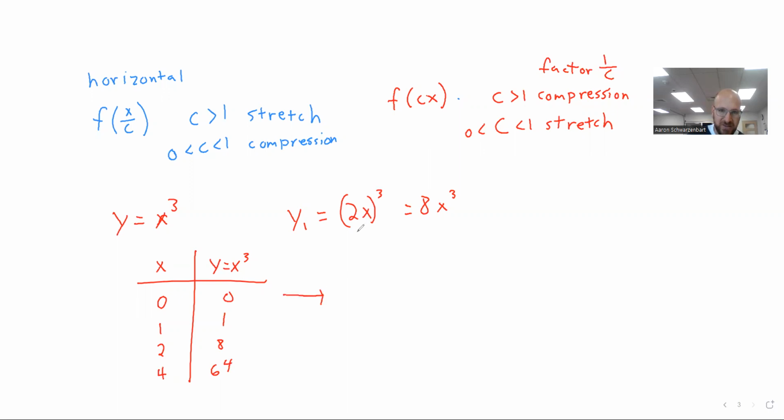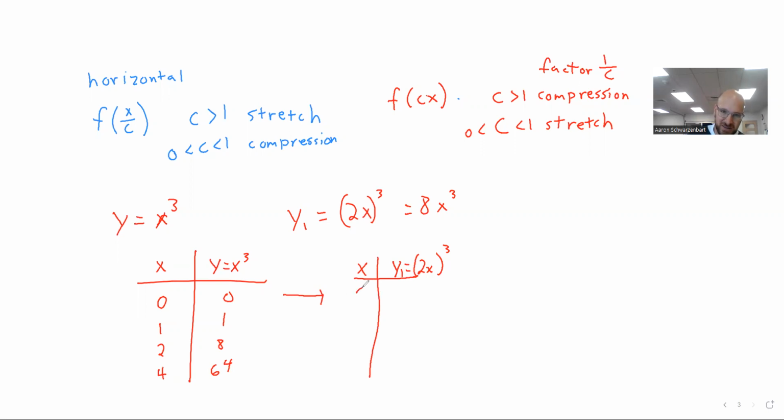For my transformed 2x cubed, I'm going to use my transformed x coordinates, because this is a horizontal change, so I need to change the x coordinates.